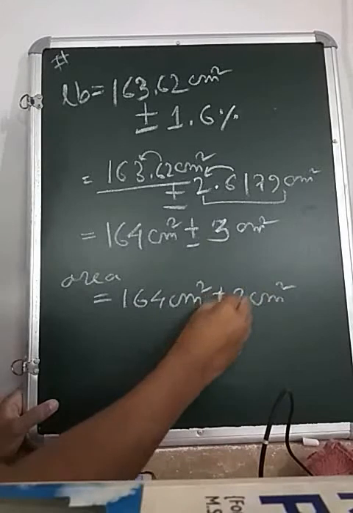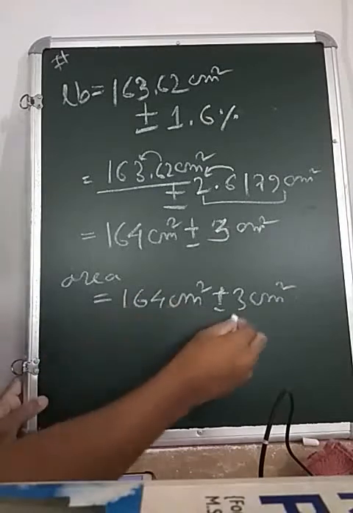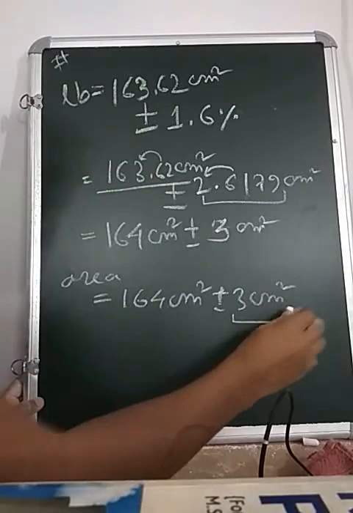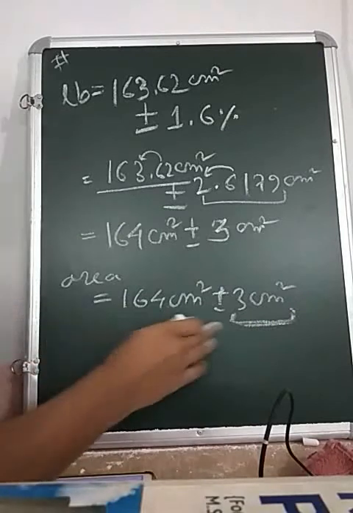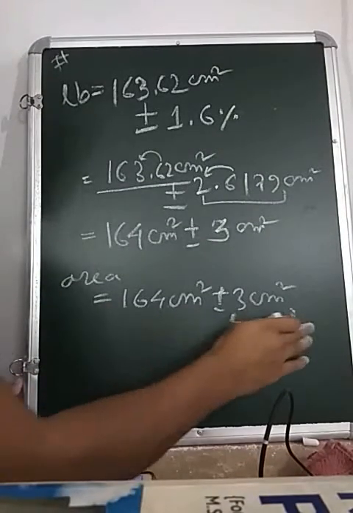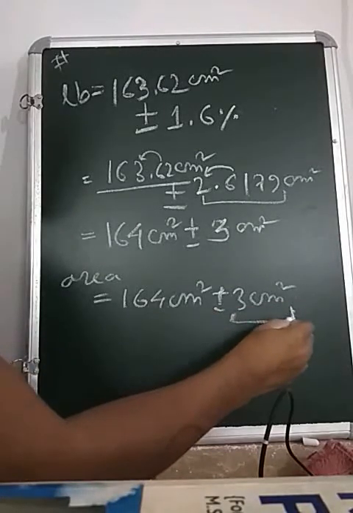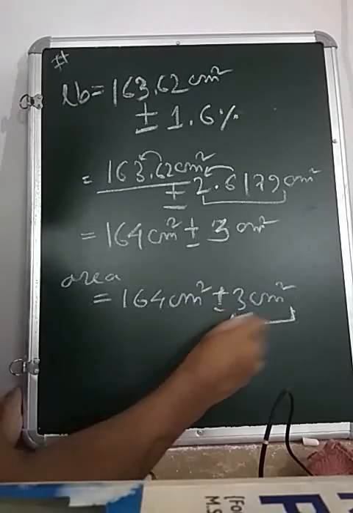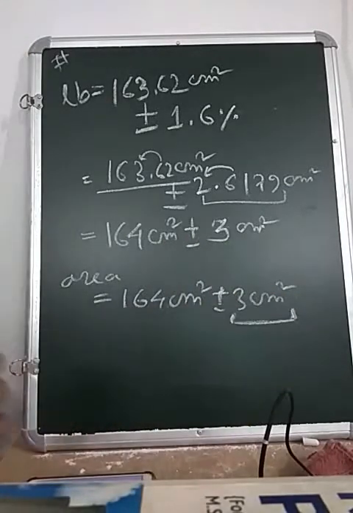So in calculating the area for the provided data, what will be the error? 3 centimeter square. This is the maximum error we can get from the provided data of length and breadth.